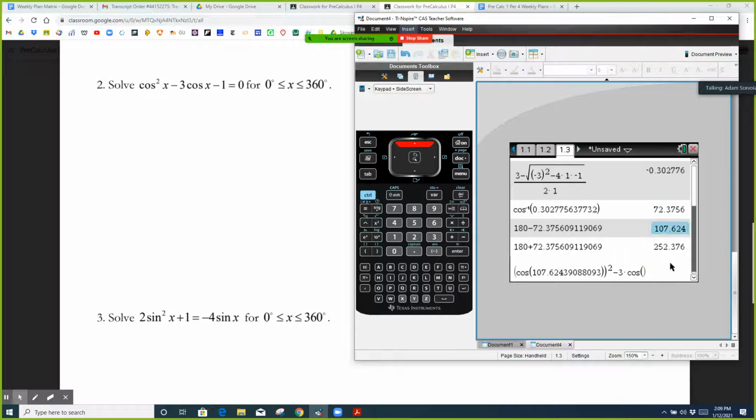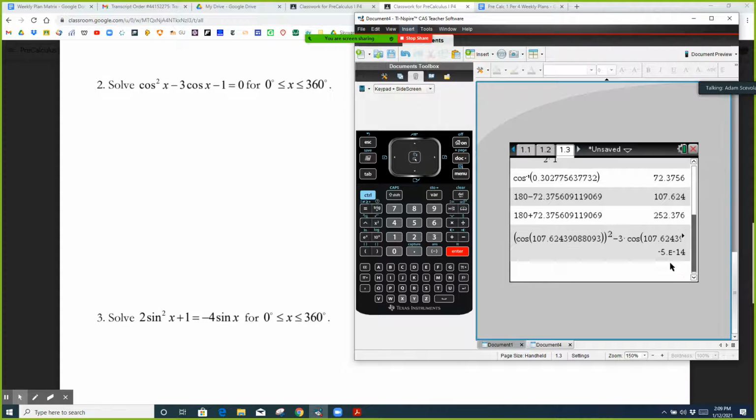But instead of x, I used that same angle, right? And then I did minus 1. Right? It doesn't say 0, but this number is essentially 0. The calculator has trouble getting exact numbers, and it's because I'm not plugging in exact radians, I'm putting in rounded degrees.